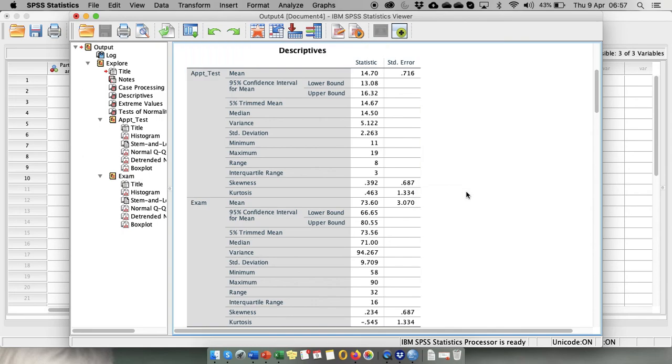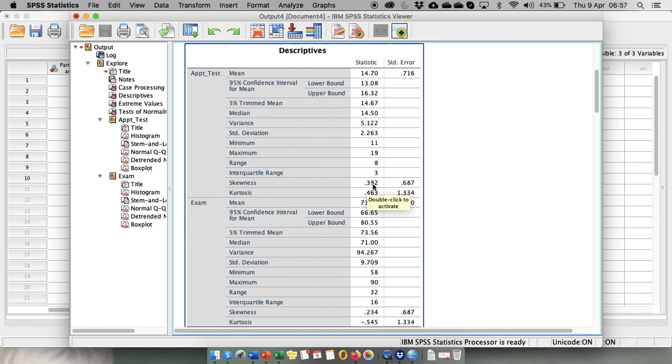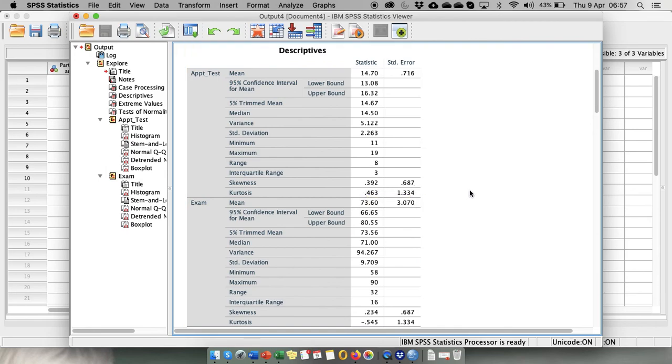To see if these variables are normally distributed using the scores, you want to take 0.392 and divide it by 0.687. That will give you a z-test result, and if your result is less than 1.96, you can conclude that the distribution of this variable is relatively normal.